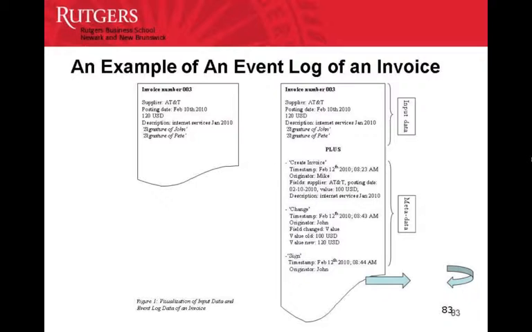Value, description. Some of that gets posted, some gets added here. And then there was a change. The value actually is not 100, it's 120. So the field change, value, and the signature, originator, job.